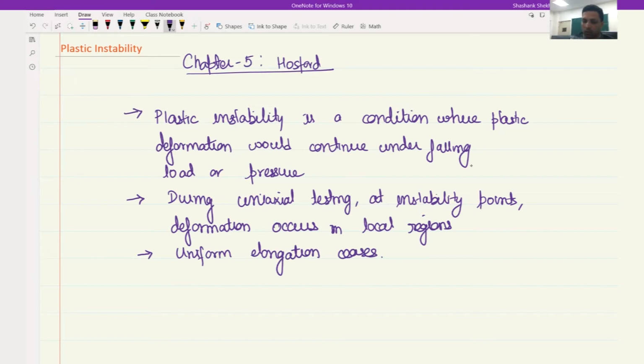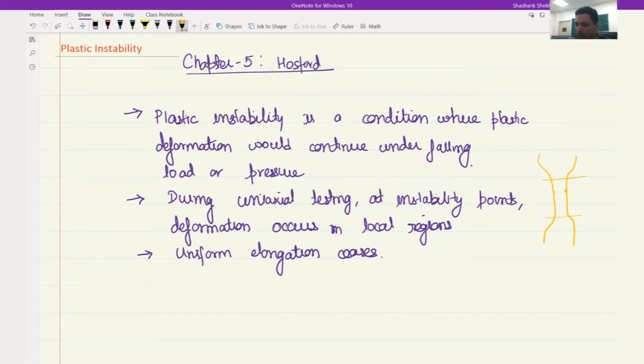If I had to draw it, this is how it would look, something I have drawn earlier also. In the uniaxial test, this is the dog bone, and this is the gauge length. Until the uniform elongation, or before the point of instability, this whole region is getting deformed. But at the point of instability, because of some variability in the material, in some particular region a necking will have formed.